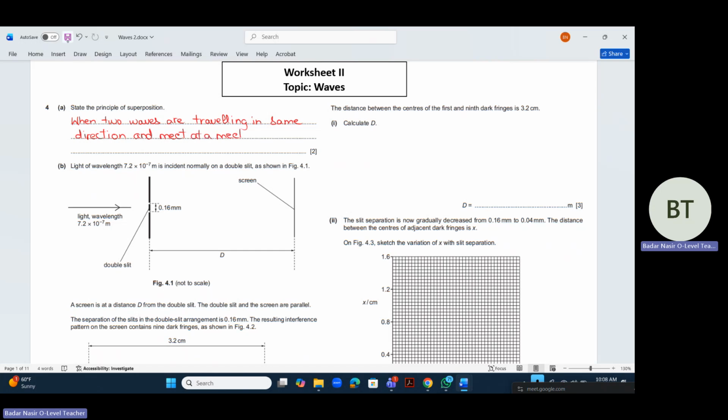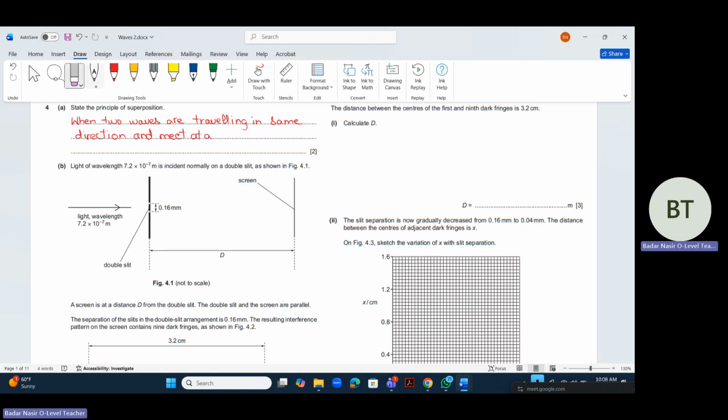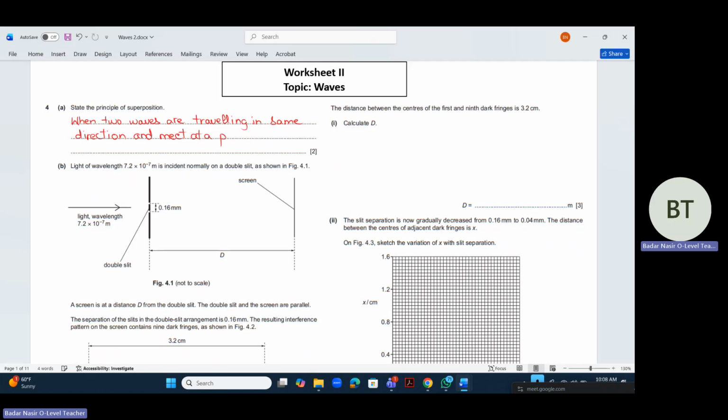So resultant displacement is equal to the sum of individual displacements.